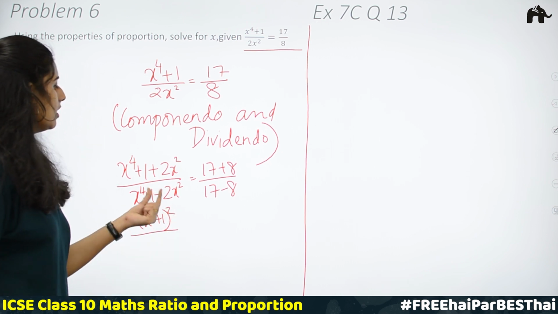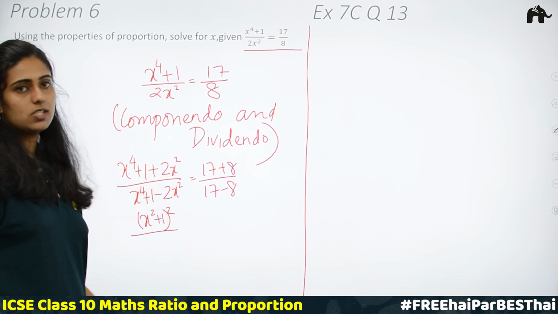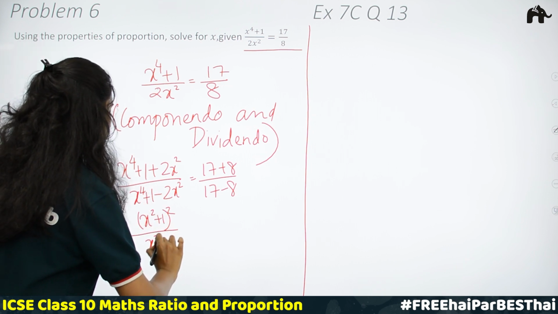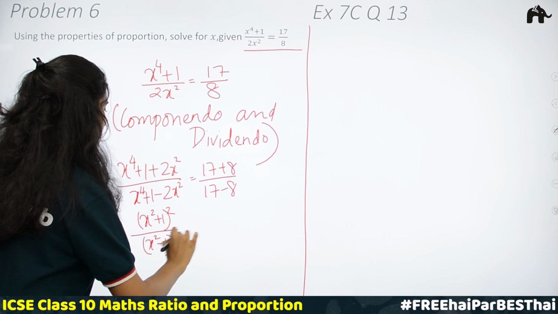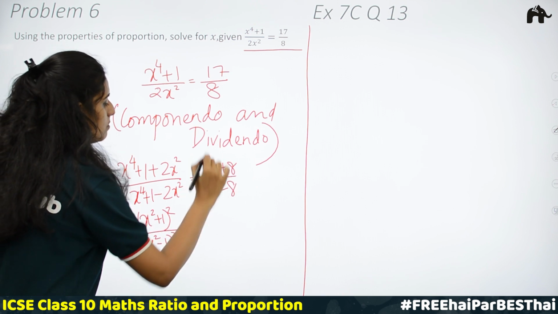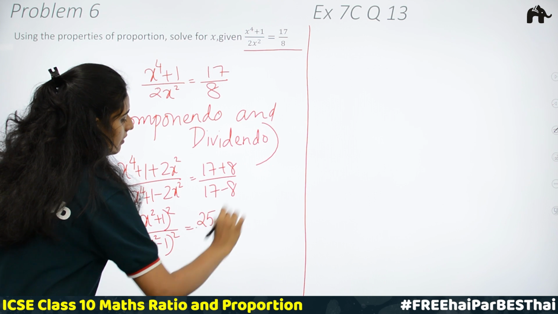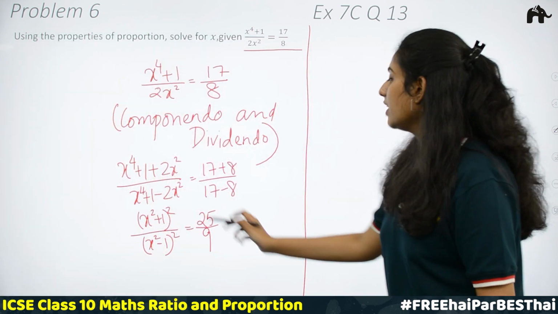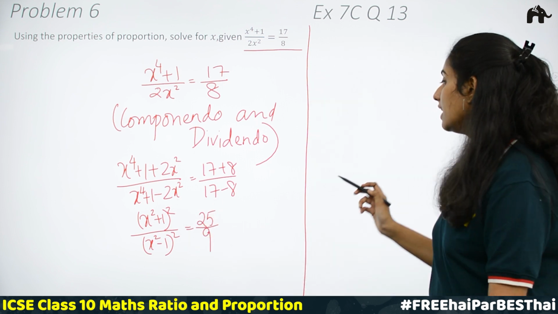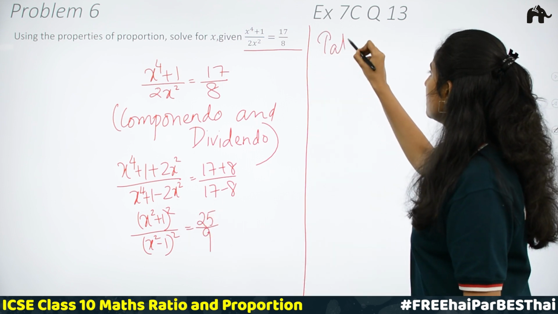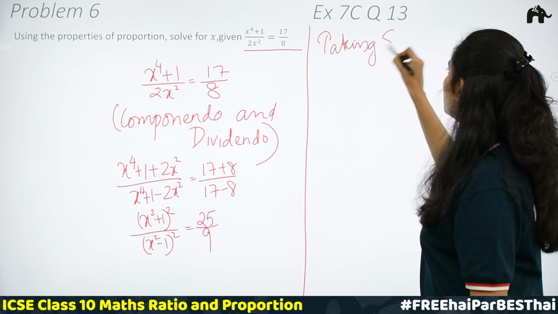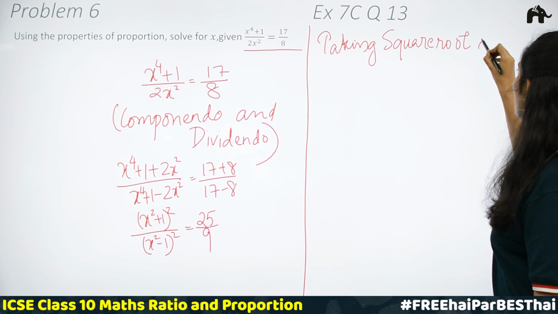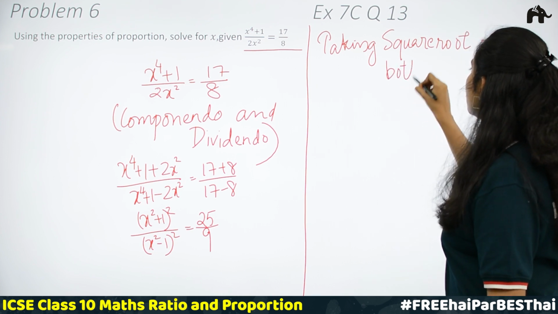What about denominator? We have minus 2x square, which means it is of the form a minus b whole square. That is x square minus 1 whole square is equal to 17 plus 8 is 25, 17 minus 8 is 9. Okay. Now, we have to remove these squares. For that, we can take square root. Taking square root on both sides.